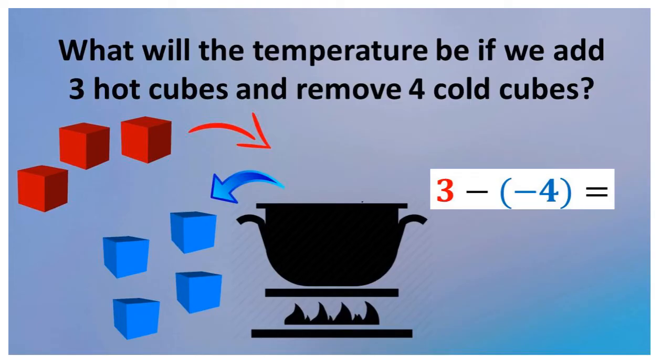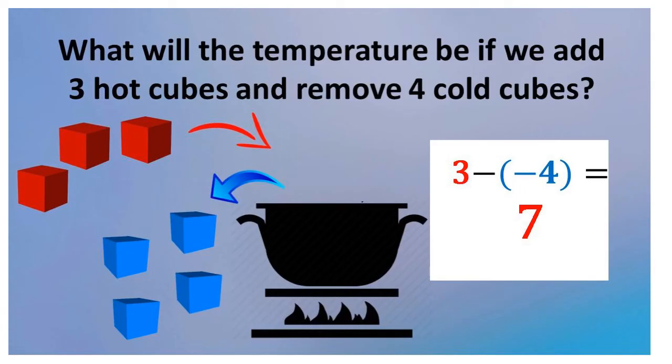Think about overall temperature. Don't get caught up in the numbers. Think about what it's going to do. Adding hot, removing cold. The total temperature is going to increase 7 degrees. Adding 3 hot and subtracting 4 cold is the same as adding 4.